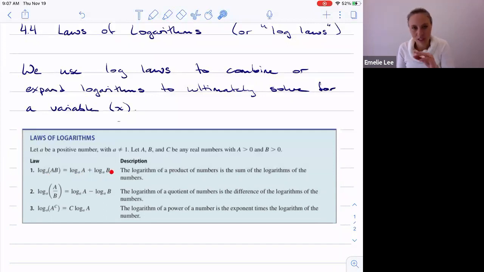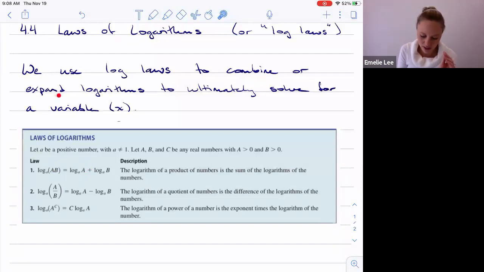Now, of course, we can take it the other way, right, which might be useful. If you have logs of the same base, and that's important, then if you're adding logs of the same base, what you can do to combine these is to multiply them inside the same log, right? So here, if you want to combine them, then you're going from the right side over to the left side.